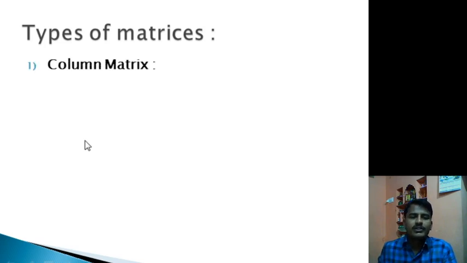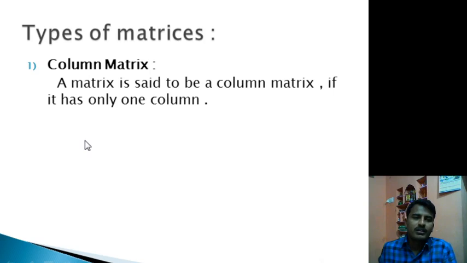The first one is the column matrix. The definition of a column matrix: a matrix is said to be a column matrix if it has only one column. It means what?